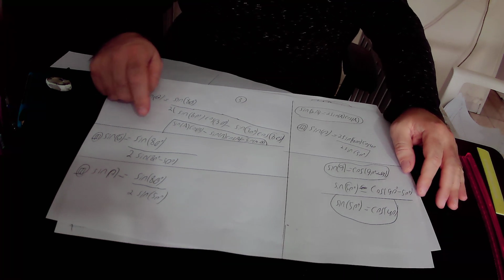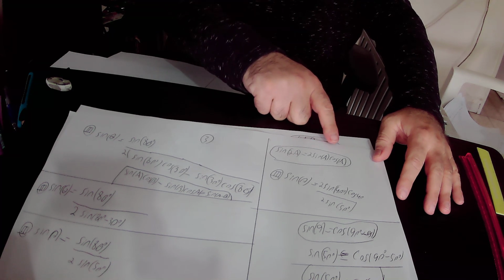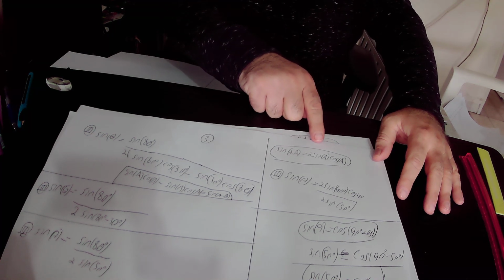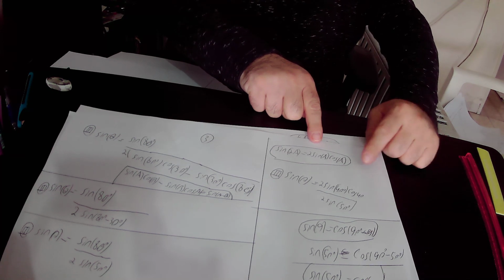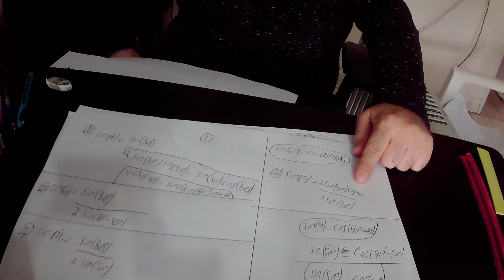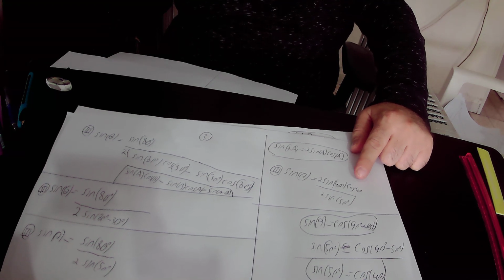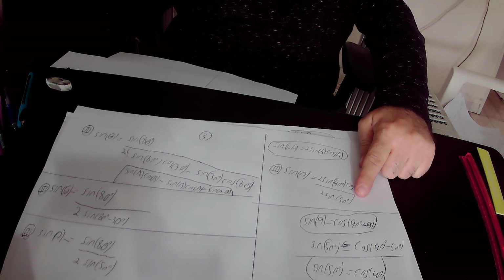Then we use the trigonometric identity that sine 2a equals 2 sine a cosine a. According to this identity, sine 80 degrees equals 2 sine 40 degrees times cosine 40 degrees. And in conclusion, we found out that sine theta equals 2 sine 40 degrees cosine 40 degrees over sine 50 degrees.